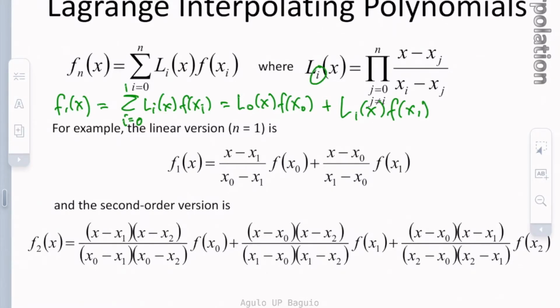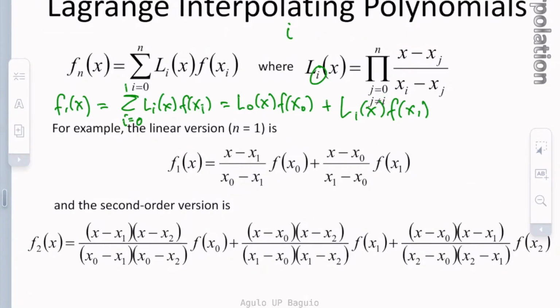So if i is equal to 0, then this equation will have x minus x naught divided by x naught minus x naught. But according to this rule that should not be allowed, so we ignore that. Then we go to the next term, which is x minus x1 over x naught minus x1. And that's what we have here.